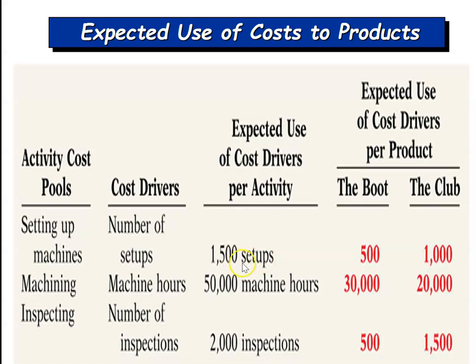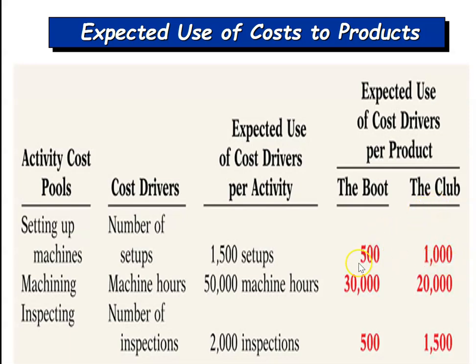So of these 1,500 setups, the boot is getting 500 of them, and the club is getting 1,000. Now that's extremely important information, because if you recall, we're selling 5 times this product. We're estimating sales at 25,000 for the boot, only 5,000 for the club, and yet number of setups is 2-to-1, club to boot.